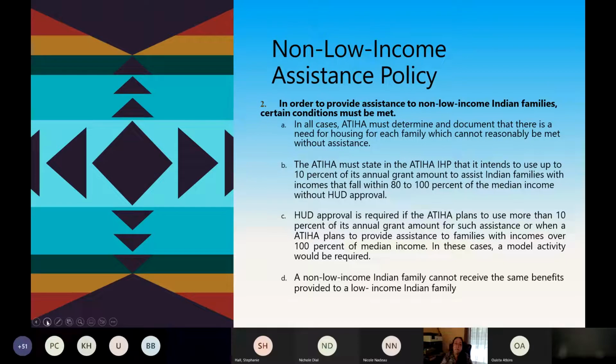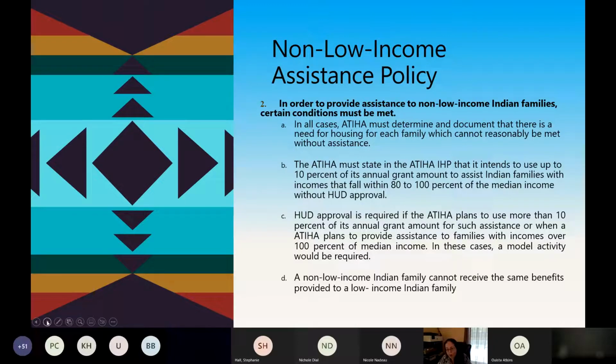Because you do have another way to serve those members. You must state in the ATIHA IHP that it intends to use up to 10% of its annual grant amount to assist those families that fall between 80 and 100% without HUD approval.